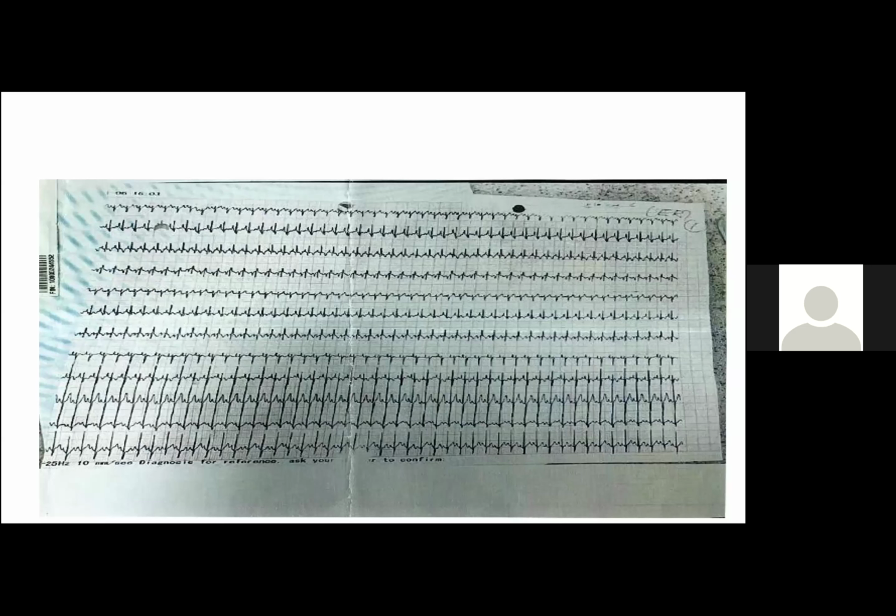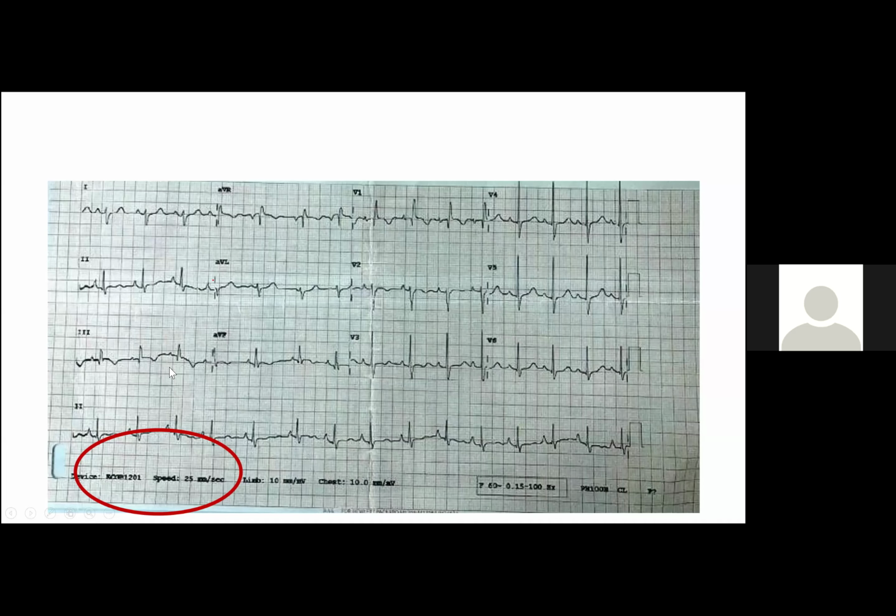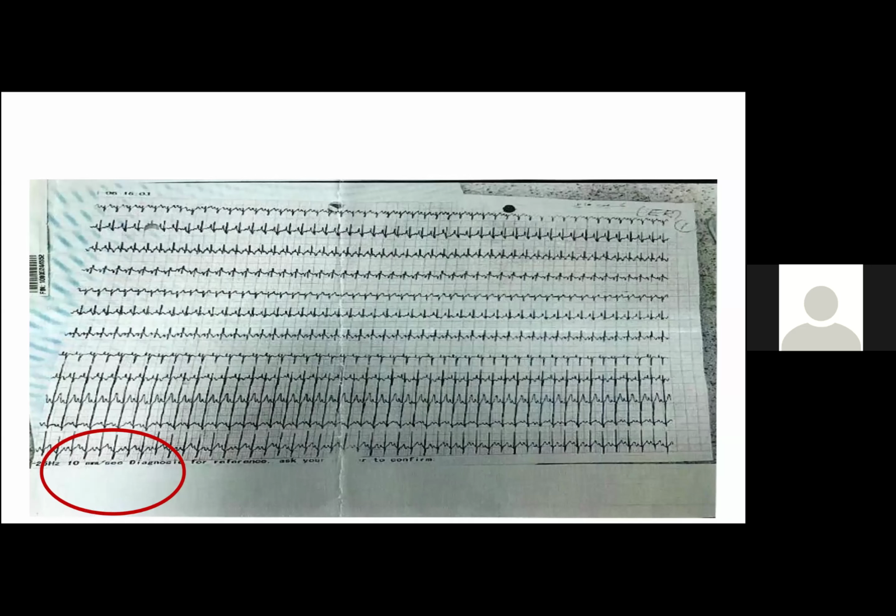But if you look carefully at the ECG, it is sinus rhythm, positive P wave and QRS, positive in lead 1, negative in aVR, and positive in aVF. So just look at this one. I'll go back to it. The speed was 50 millimeters per second instead of the standard speed, which is 25 millimeters per second.